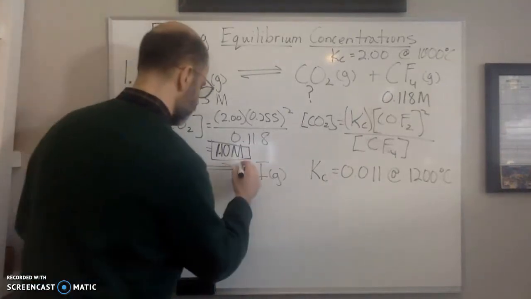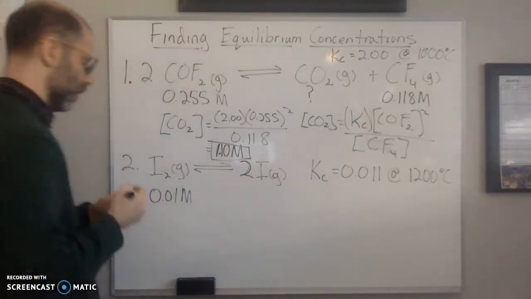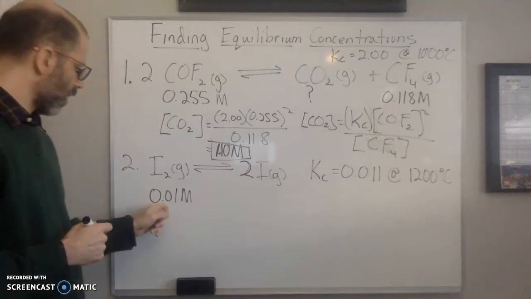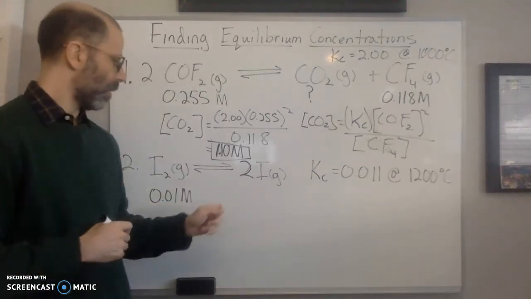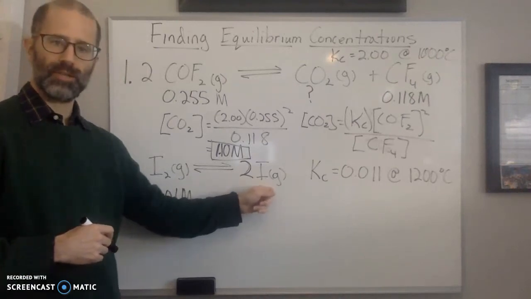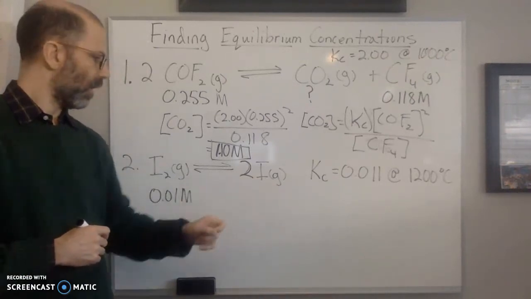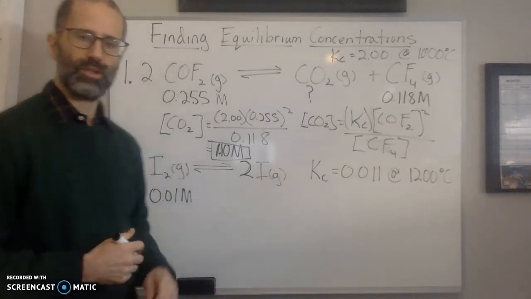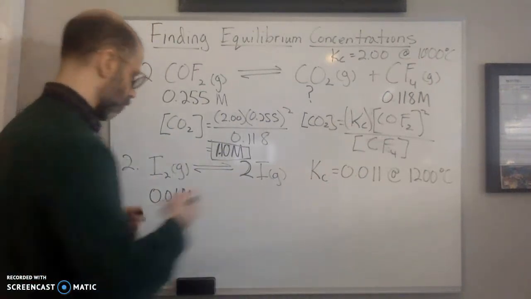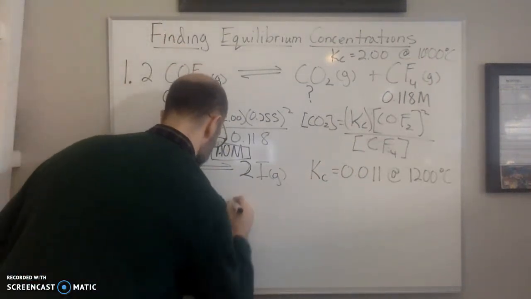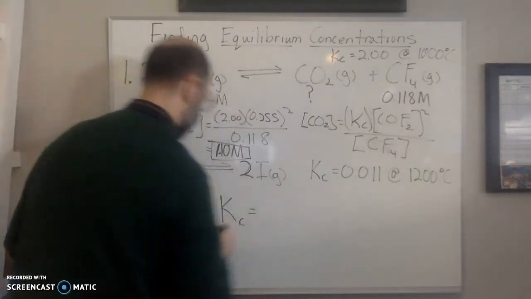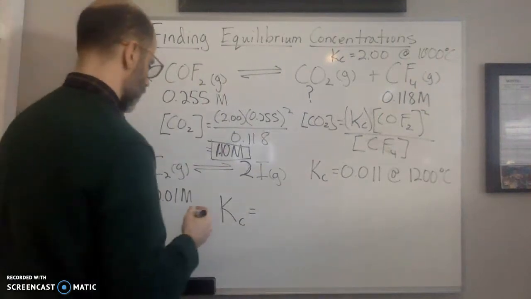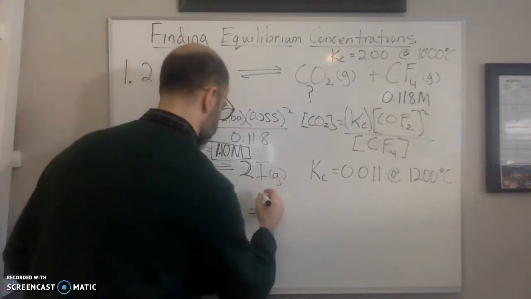So in this problem, again, I have the equilibrium concentration for I2, but I don't know the equilibrium concentration for I. But I am given the K value. So let's write down the expression for Kc. For this reaction, it's going to be products over reactants.